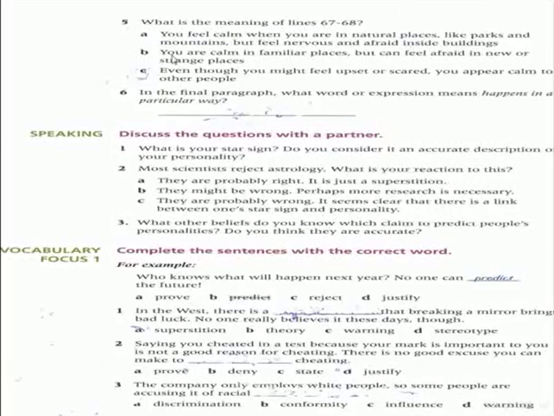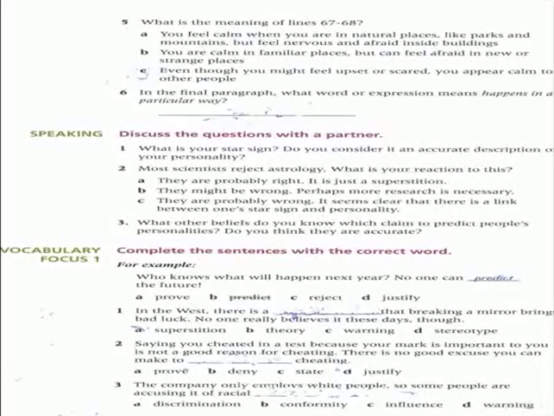Or B, you are calm in familiar places, but can feel afraid in new or strange places. Or C, even though you might feel upset or scared, you appear calm to other people. In line 67 to 68, it means C. Even though you might feel upset or scared, you appear calm to other people.